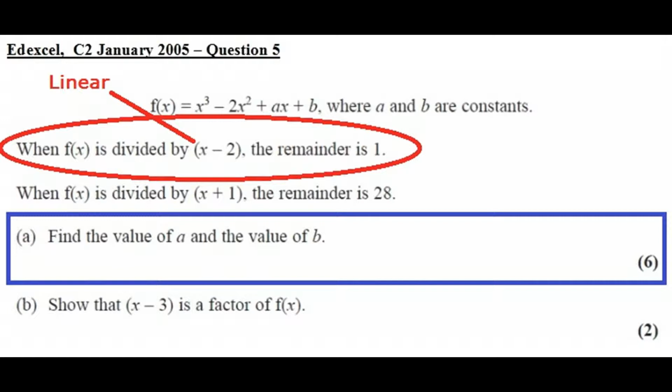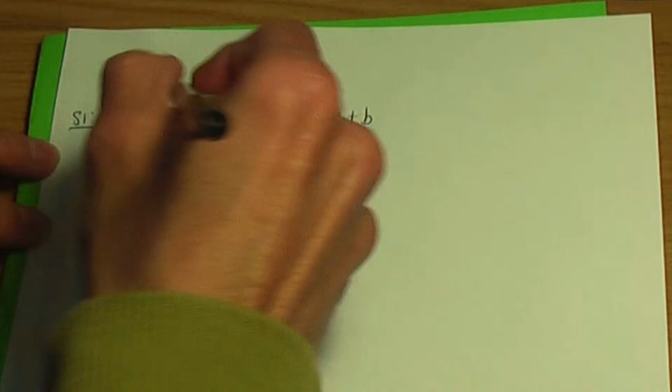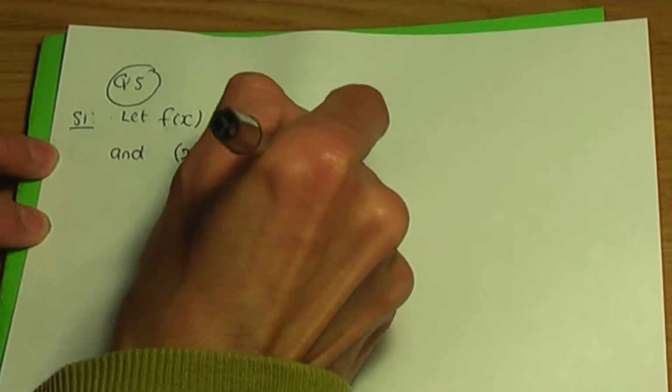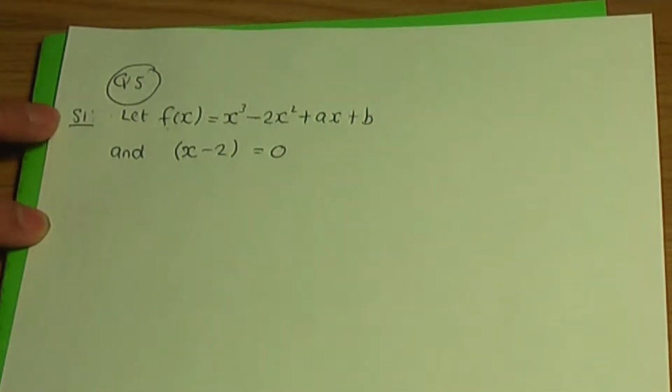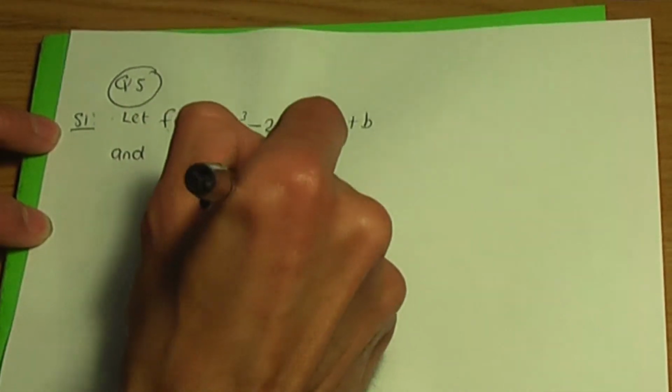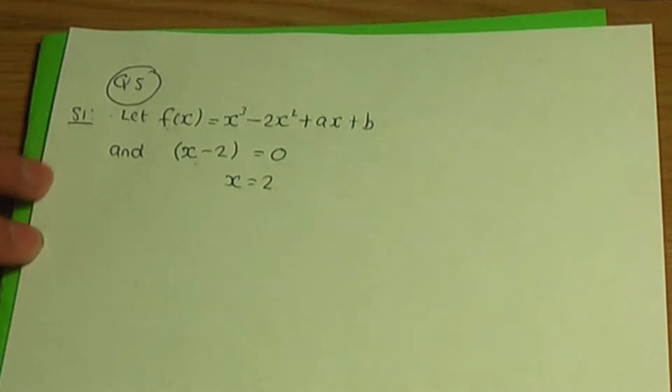So x minus 2 is our linear, as the highest power of x is 1. So if we go back to the paper and pen, we take that linear of x minus 2 and we always equate to 0 when it comes to the first step of the remainder theorem. Now when I rearrange here, the x value is 2.